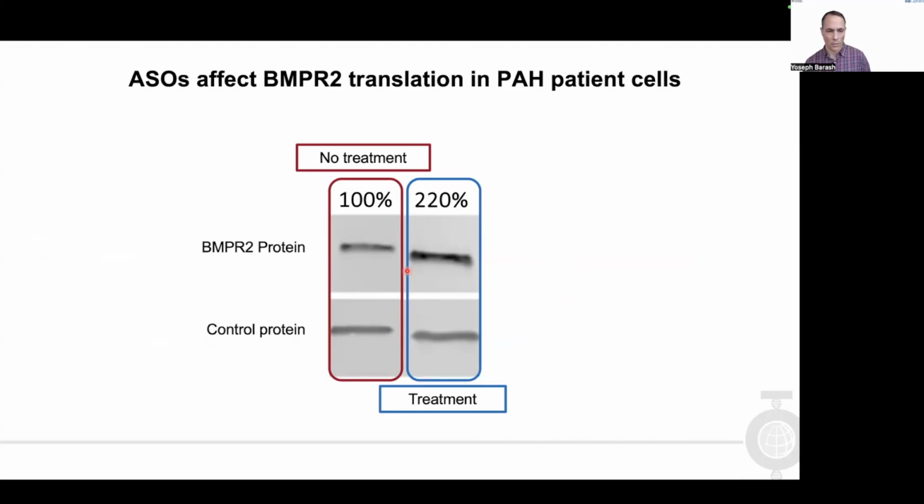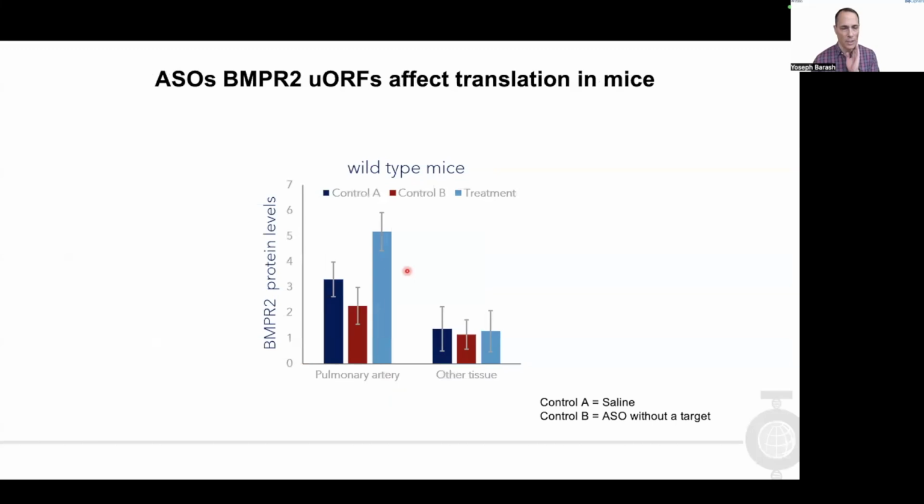We got access to patients' samples. This is one of them. Again, we see a very nice increase in protein levels for BMPR2. And then we injected ASOs into live mice, and again, we saw a very nice increase in BMPR2 levels in pulmonary artery, not in other tissues.